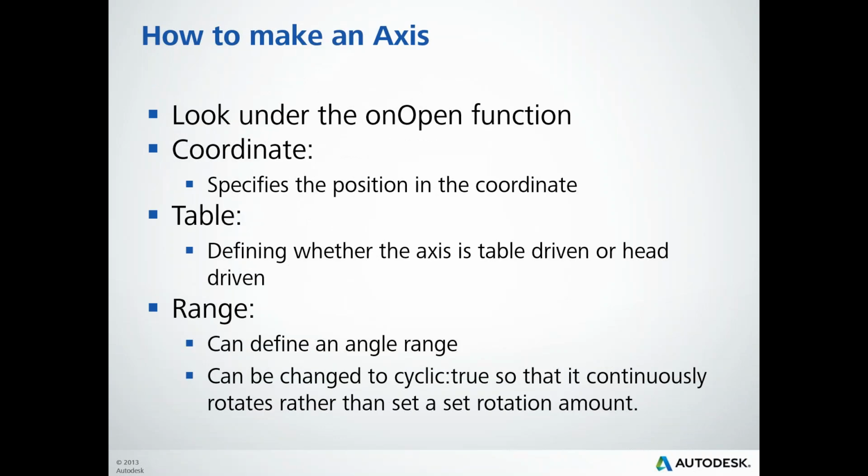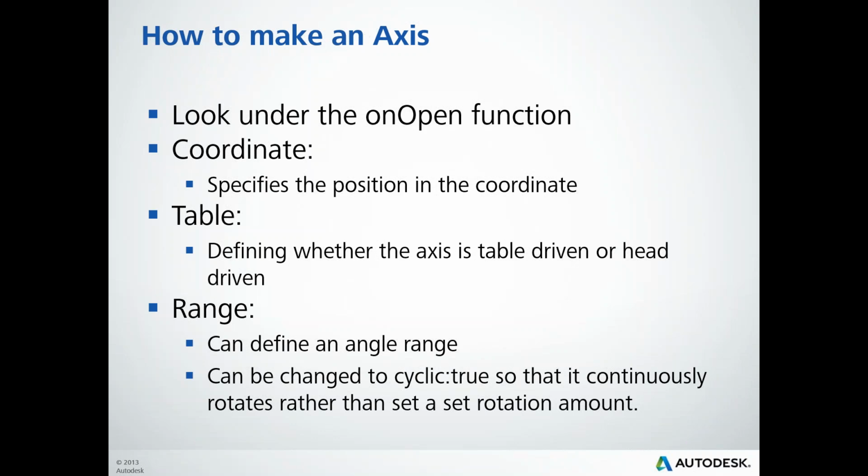So how to make an axis. If you look under the onOpen function, it's literally right underneath it. You'll see an if statement, typically set to false right off the bat, unless it's already a multi-axis post. You'll see a setup that'll have coordinates, and we'll look at all this once we get done with this. But the three main ones that we'll look at are coordinate, table, and range. The range is basically the amount of rotation you can do degrees-wise.